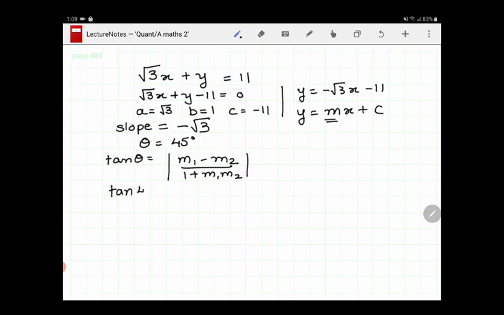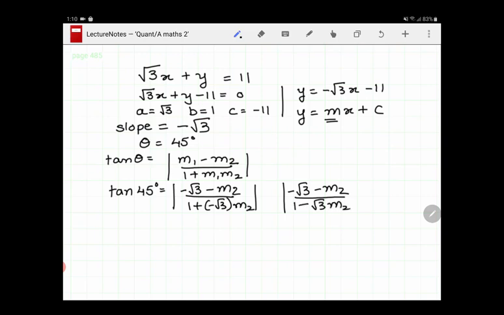So, tan 45 degrees is equal to the first slope minus root 3 minus the second slope m2 upon 1 plus minus root 3 into m2. Now the value of tan 45 is equal to 1.